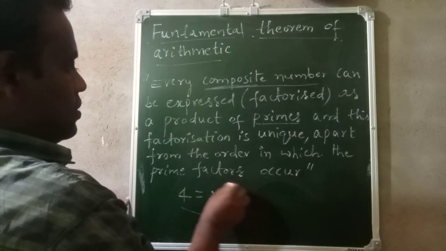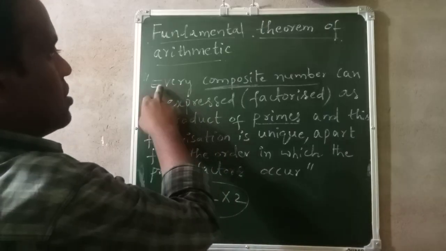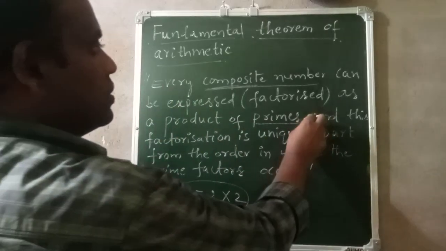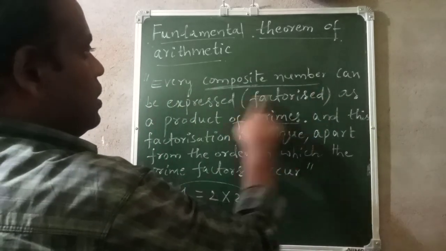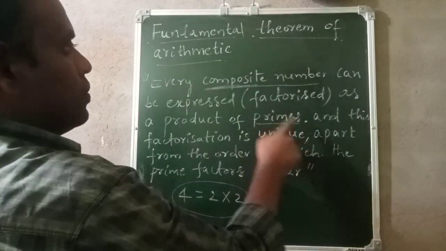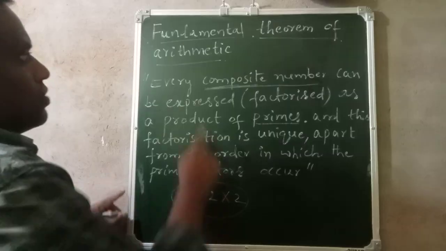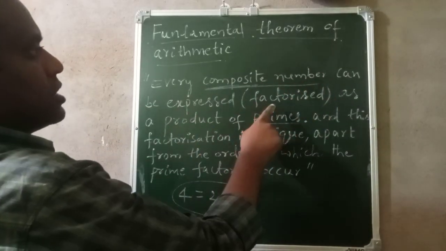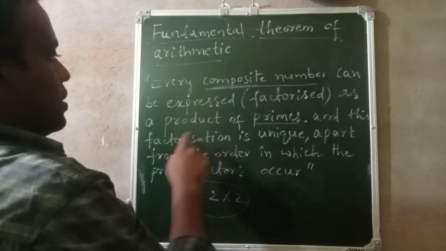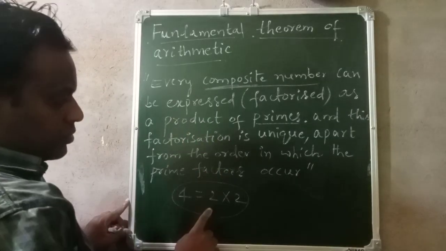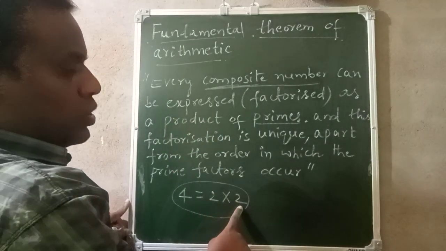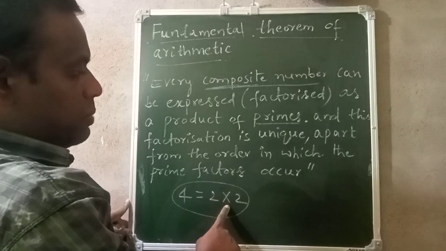So this is what this statement is telling. The meaning of these three lines is this: every composite number can be expressed or factorized as a product of primes. Product means multiplication. See, 2 is a prime number, 2 is a prime number, multiplication.